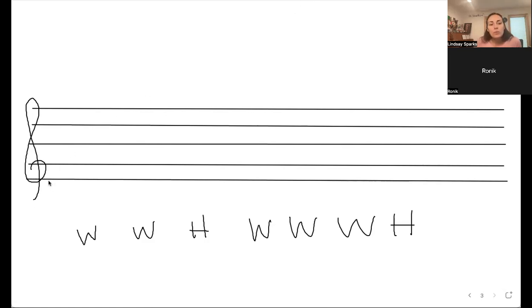So we have D and then a whole step up to E, and then a whole step up to F sharp, then a half step to G, so whole step, half step, and then whole step again to A, whole step again to B, then again to C sharp, and then a half step up here. Okay, so there's our D major scale, and you've probably played D major scales before, right?